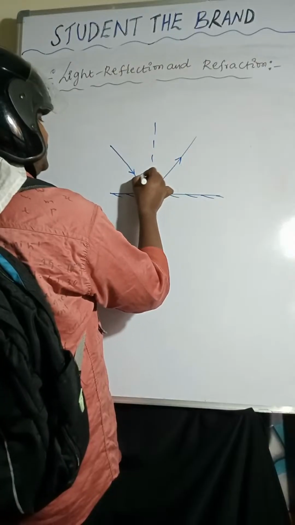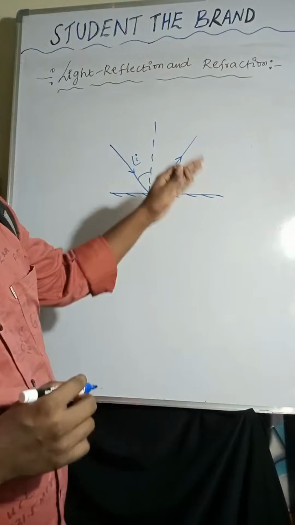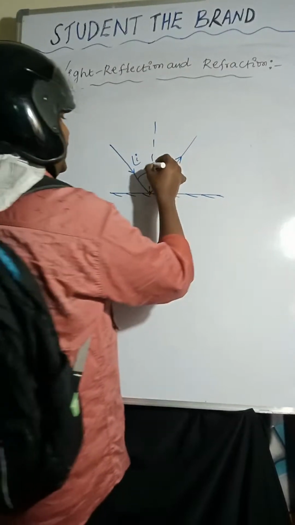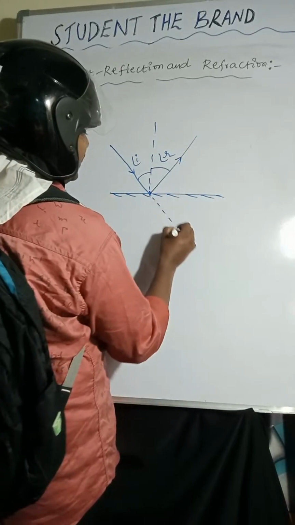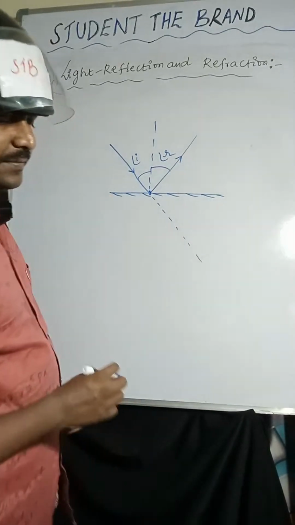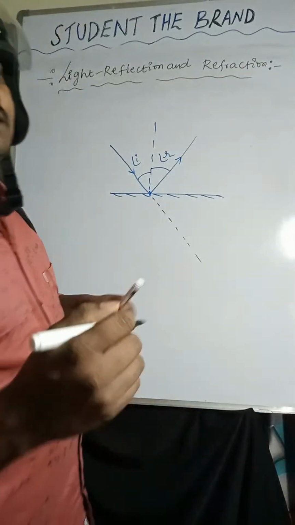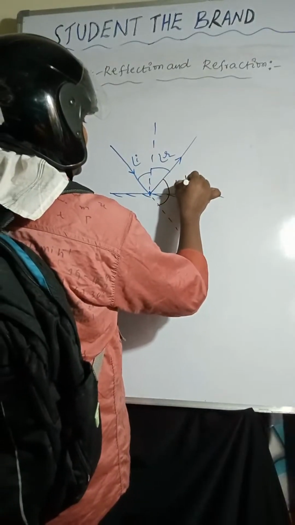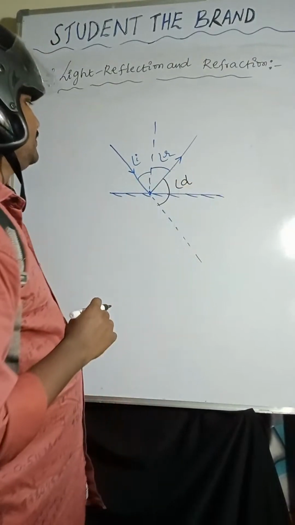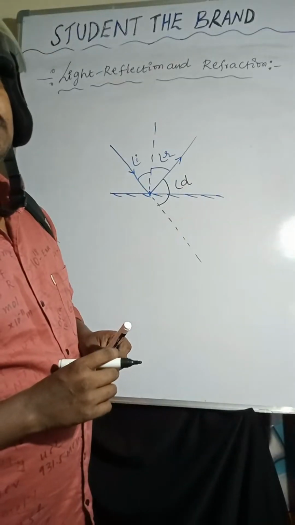The angle between the incident ray and the normal line is called the angle of incidence. The angle between the reflected ray and the normal line is called the angle of reflection. And this one is the undeviated line. The angle between the reflected ray and the undeviated line is called the angle of deviation.